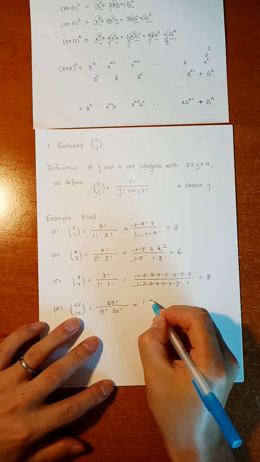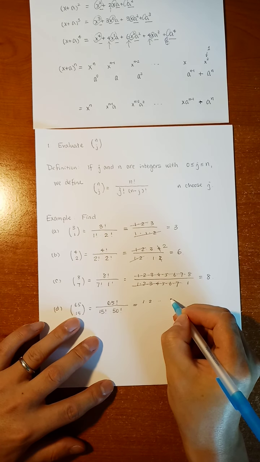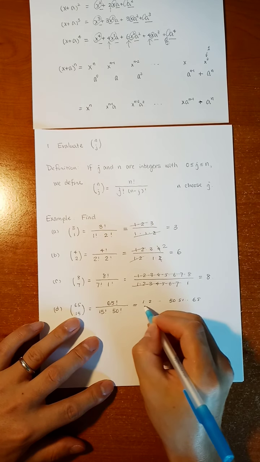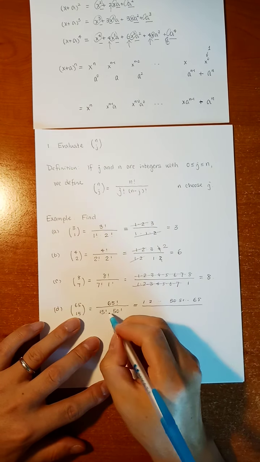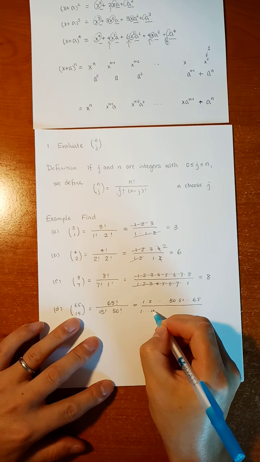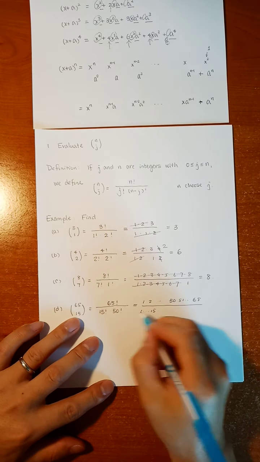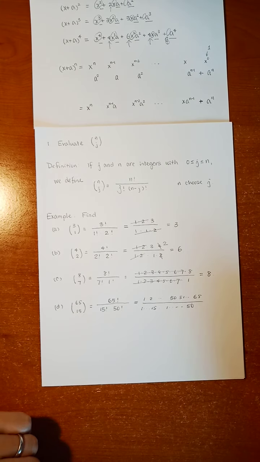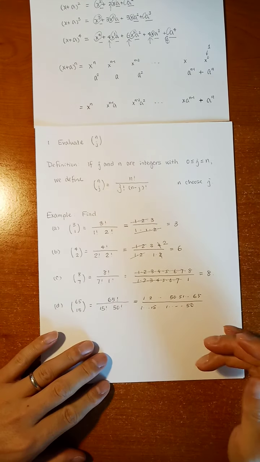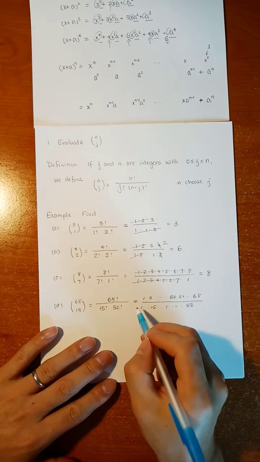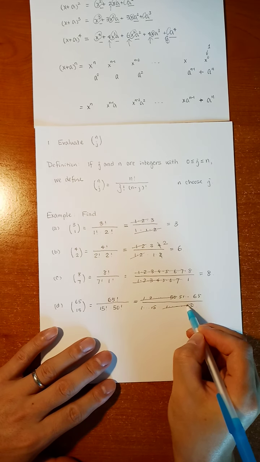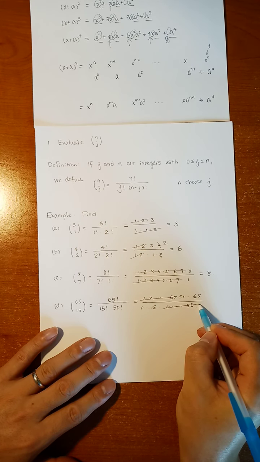The numerator is 1 times 2 up to 65, and the denominator has 15 factorial, 1 times 2 up to 15, and 50 factorial, 1 times 2 up to 50. All these things from top and bottom are products. So 1 times 2 up to 50 is cancelled with this 50 factorial.